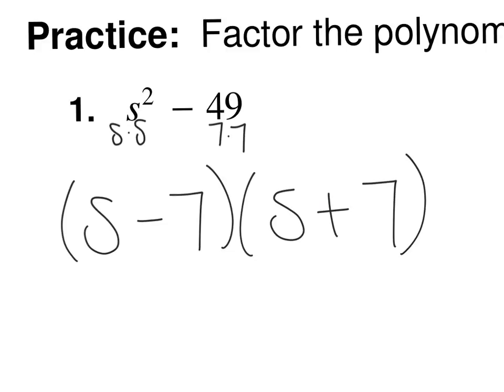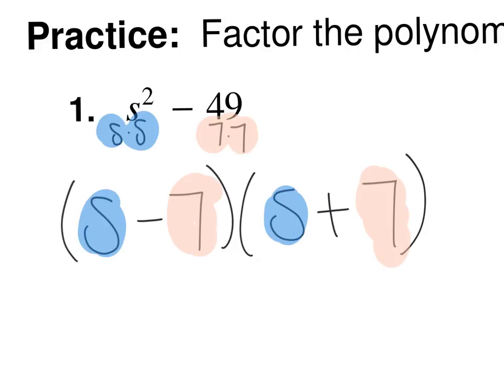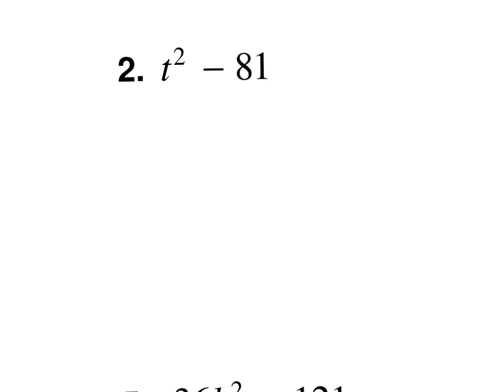So notice my parentheses are identical. They both have s and 7. And those s's came from here. That's where the s's came from. And then my 7 came from these two numbers, my 7 times 7. So this factors really well into s minus 7 times s plus 7.